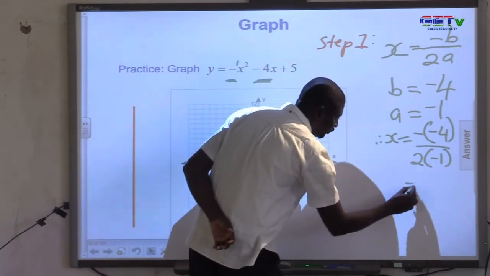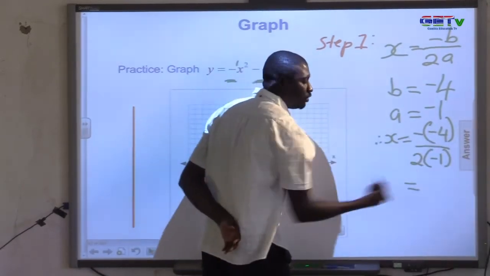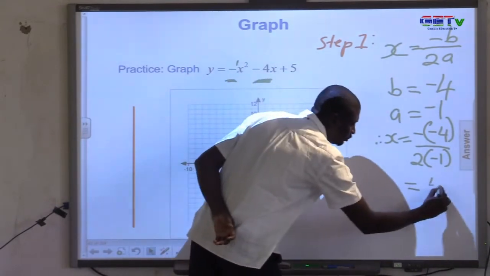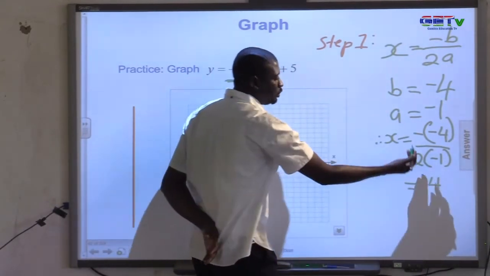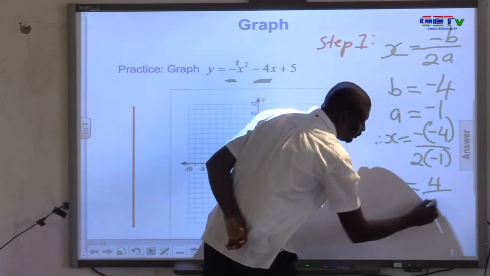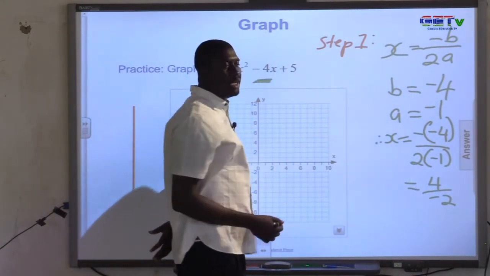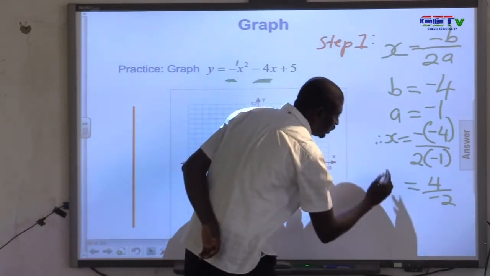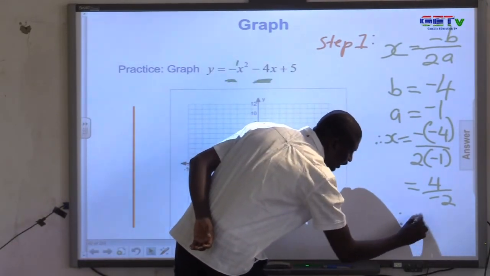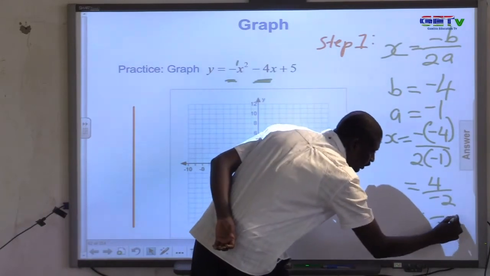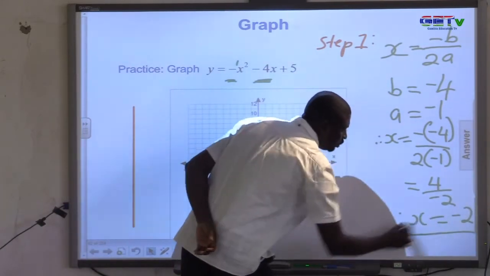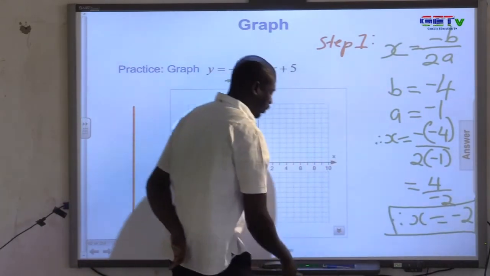If we continue to solve further, negative times negative will give us positive, so we get positive 4. 2 times negative 1 gives us negative 2. 4 divided by negative 2 will give us our answer. Therefore, the x value we get there will be negative 2. That's our line of symmetry.